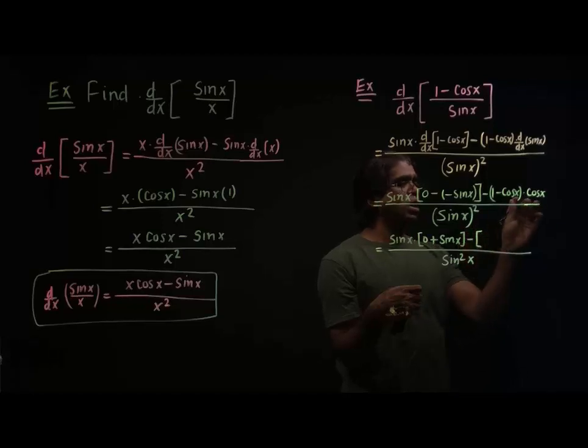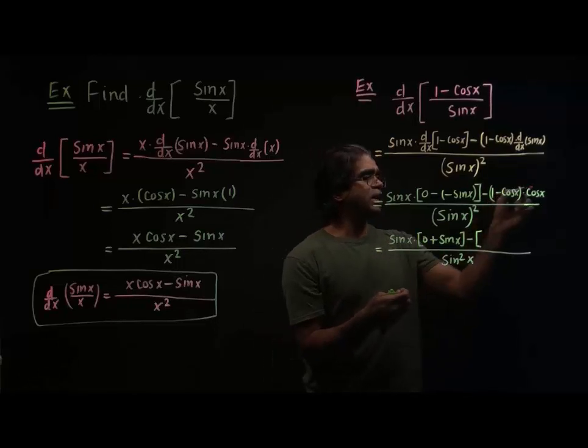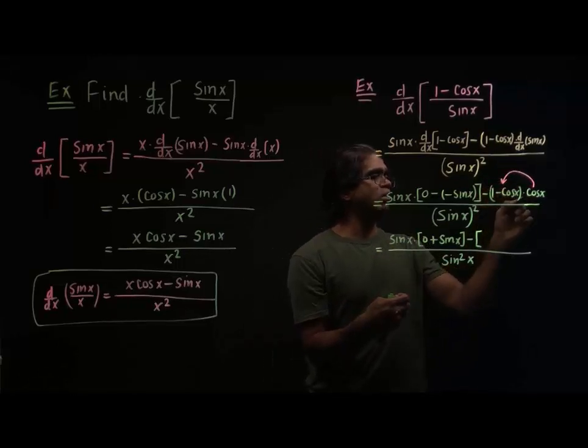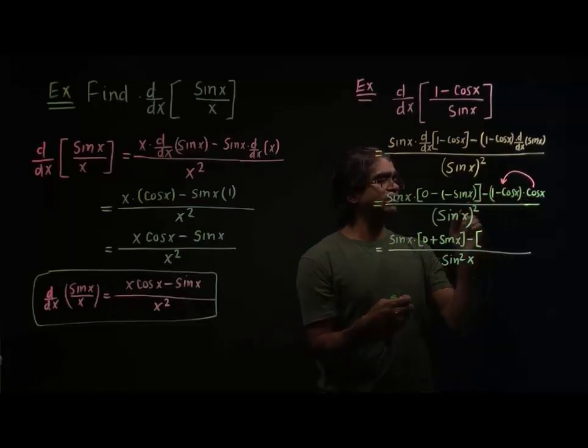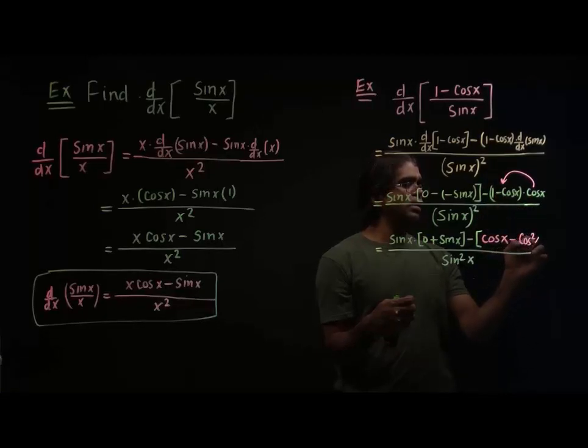I'm going to distribute this cosine x inside the bracket, so cosine x times 1 is cosine x, and then minus, cosine times cosine is cosine squared x.